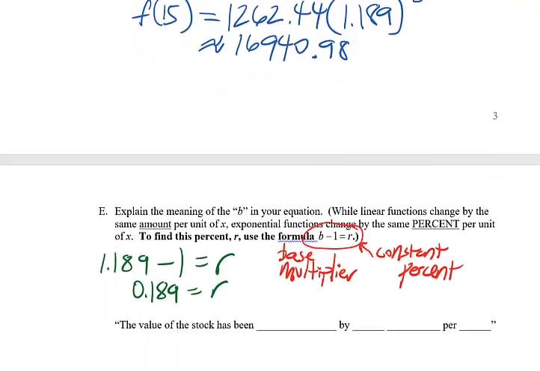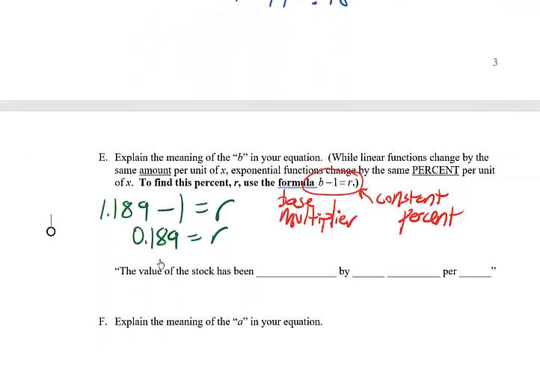I would like to express it as a percentage, which means I need to move the decimal point 2 places to the right. And so what I get when I do that is r equals 18.9%.